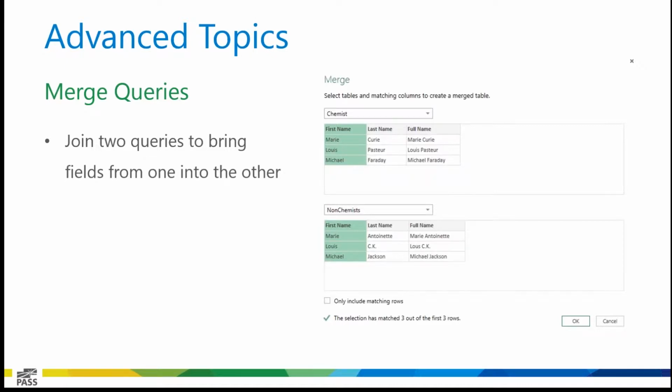And it allows you to bring columns from one query into another query. This is really, really handy, especially if you've got a large flat file and you want to make a star schema out of what's in that flat file. With Power Query and this ability to merge queries, you can actually make the separate tables and bring things in together. It's really cool that you have this ability.